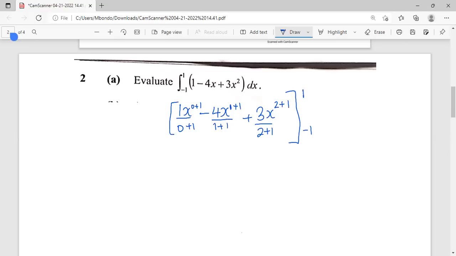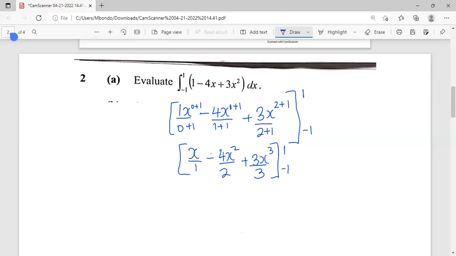Then when you simplify this one, what are you going to get? x to the power 1 is just the same as x over 1, minus 4x to the power 2 divided by 2, plus 3x to the power 3 over 3, with limits 1 and negative 1.